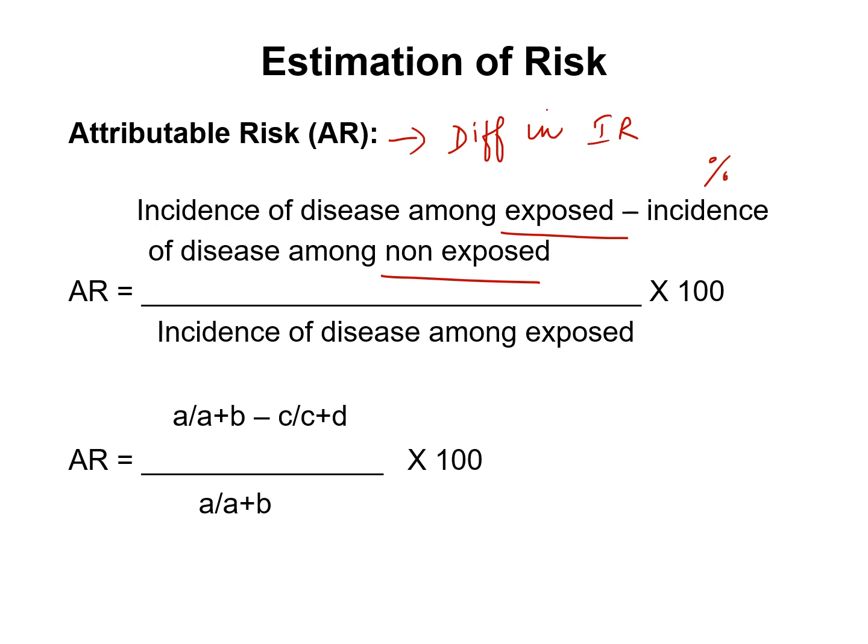Now attributable risk refers to what? It indicates the extent to which the disease can be attributed to the risk factor.